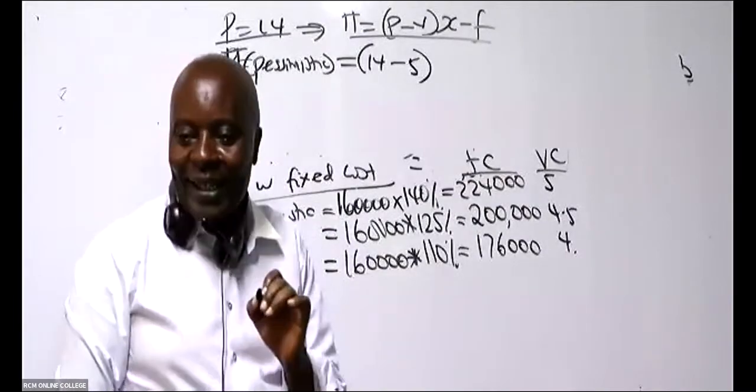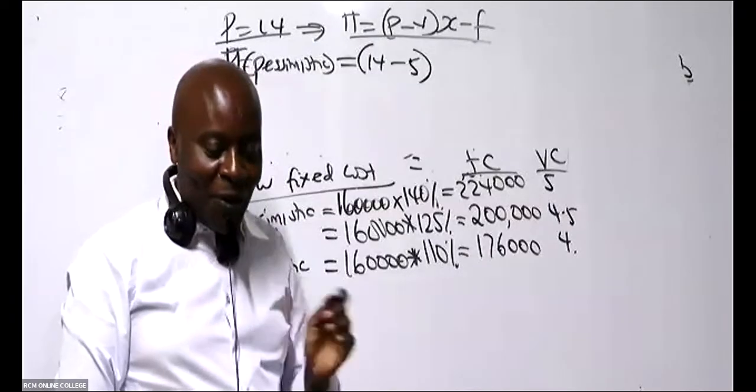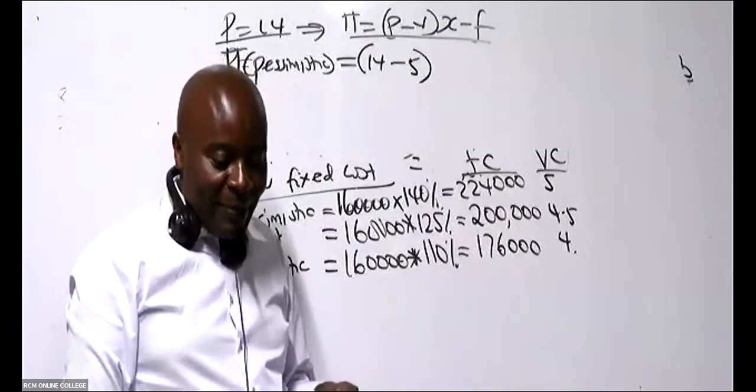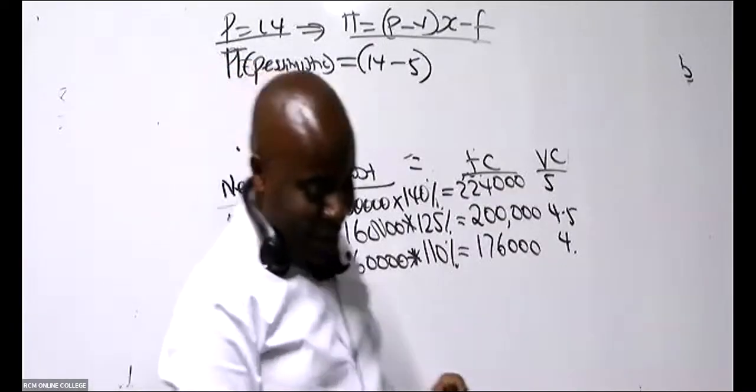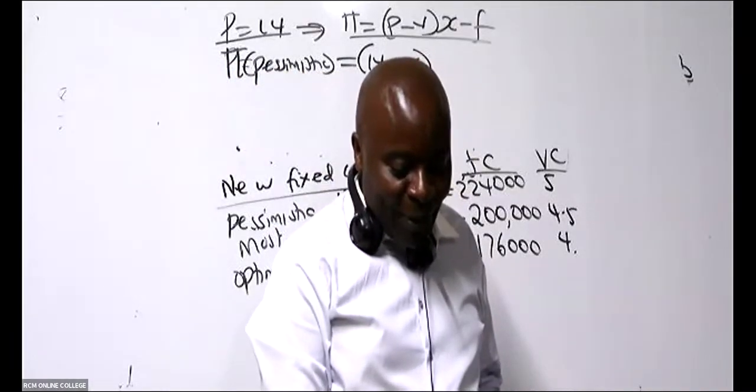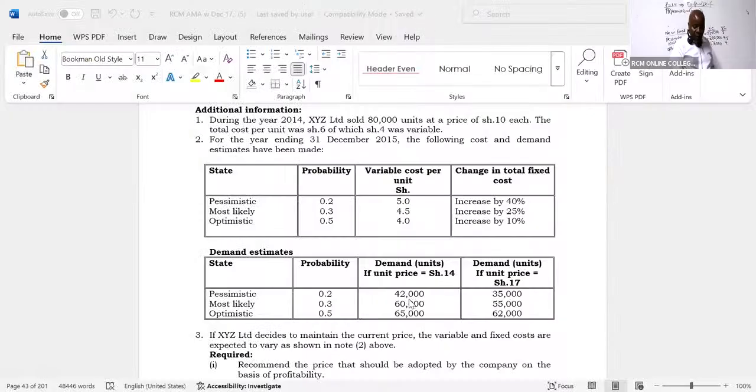Under the price of 14, you can see the demand, which is the same as quantity. 42,000. So times 42,000 minus fixed cost pessimism. Fixed cost pessimism is 224,000. Great. So go ahead, ladies and gentlemen, and give us an answer there.